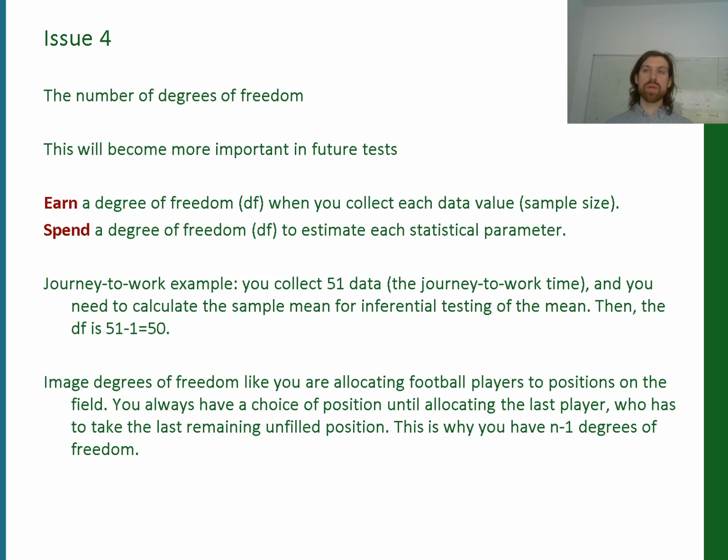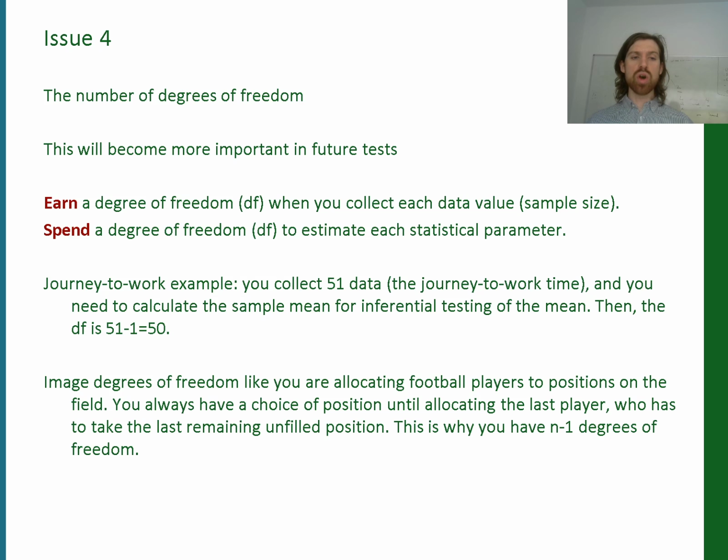The fourth issue that we have is the number of degrees of freedom, and this will become more and more important as we move towards the tests, which we're going to cover later in the classes this term. So let's just recap on what the degrees of freedom actually are.